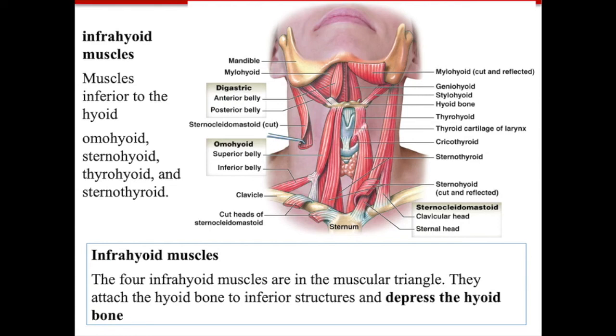You have the omohyoid, the sternohyoid, the thyrohyoid, and the sternothyroid. So hyoid is the bone, thyroid in this case would be the thyroid cartilage. Okay?